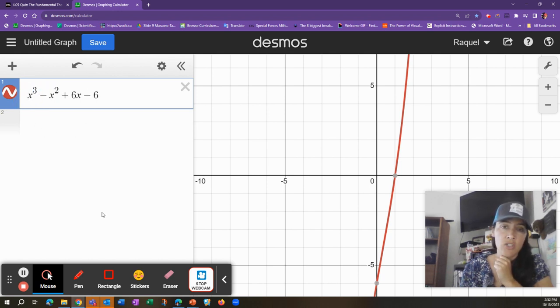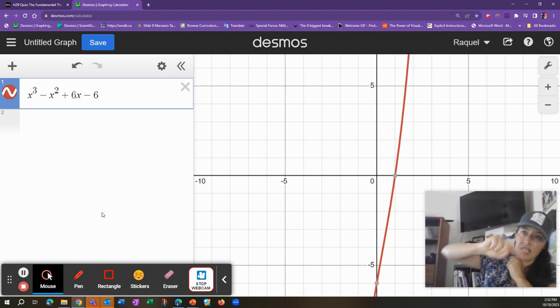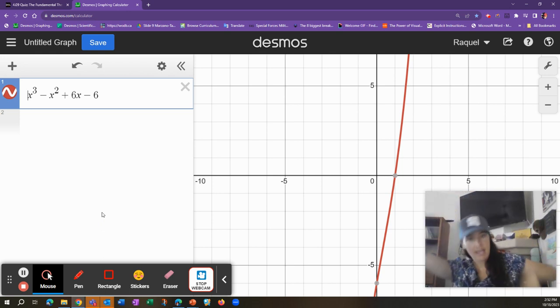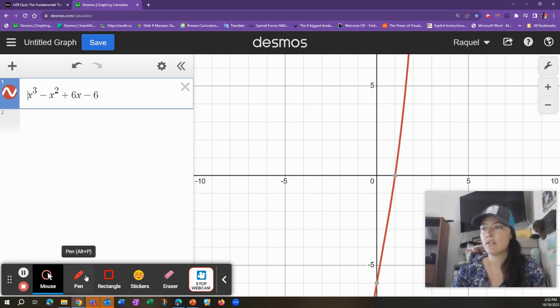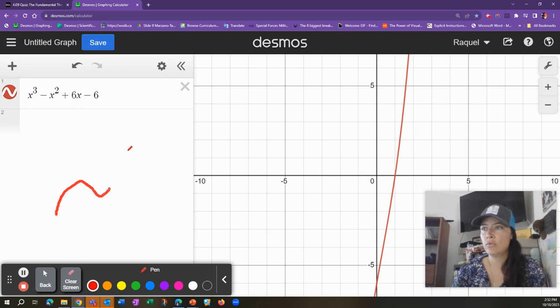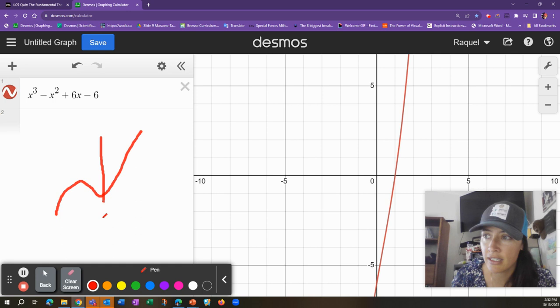The leading coefficient is positive, so I know that the end behavior is going to do some sort of loopity-loop, and I know it's going to go up as we go to the right, and it's going to go down as we go to the left. Okay, it's going to look something like that. Furthermore, if x was 0, I know the y-intercept is going to be at -6.